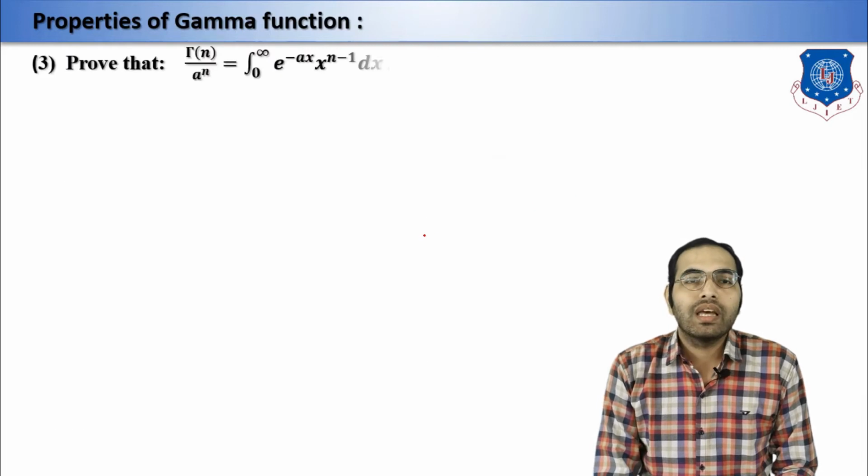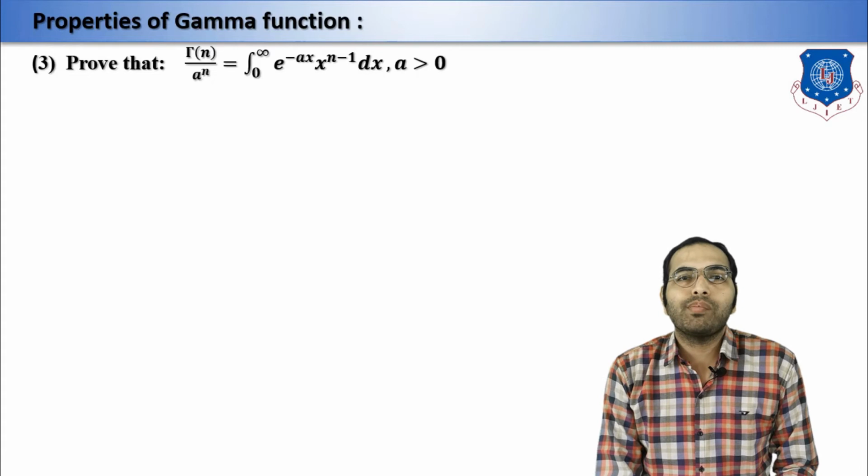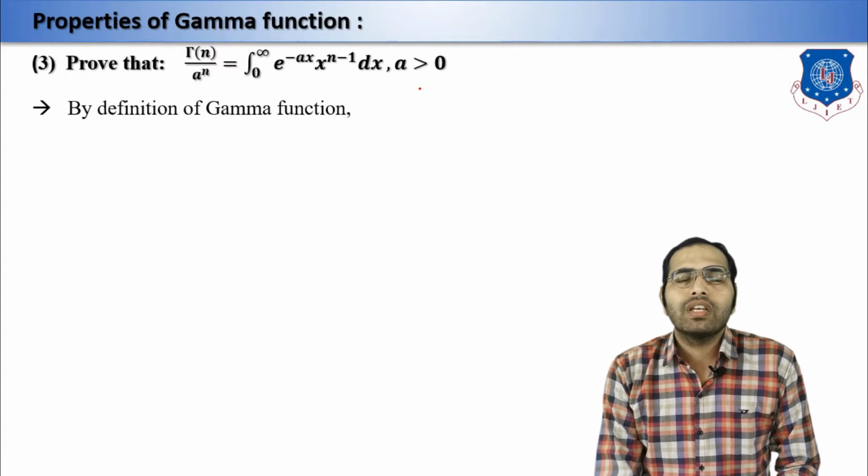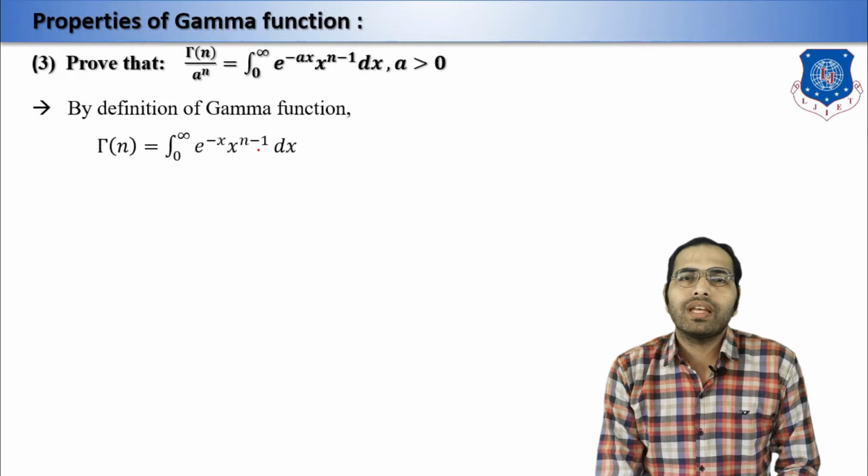Let's see another property, which is to prove that gamma n upon a raised to n equals the integral from 0 to infinity of e raised to minus ax, x raised to n minus 1 dx, where a is greater than 0. To find the proof, firstly we take the definition of the gamma function.